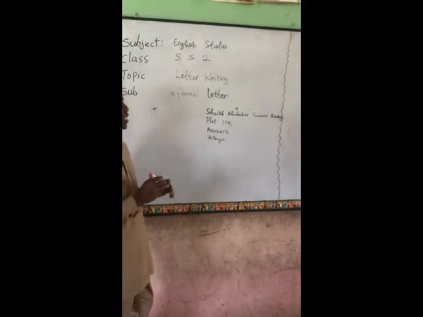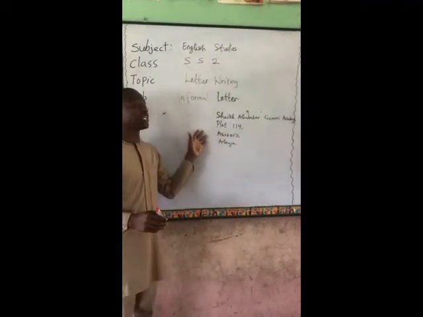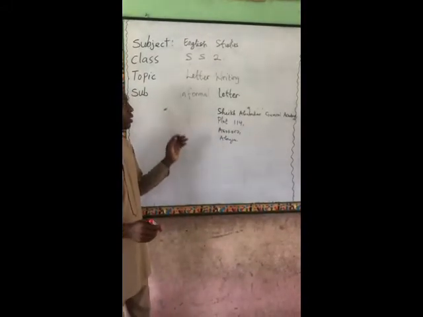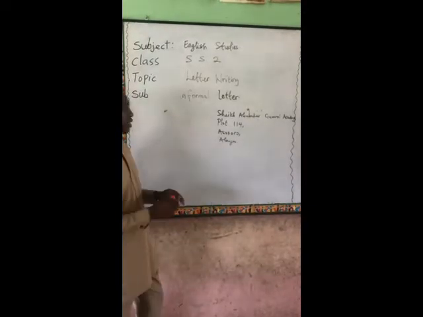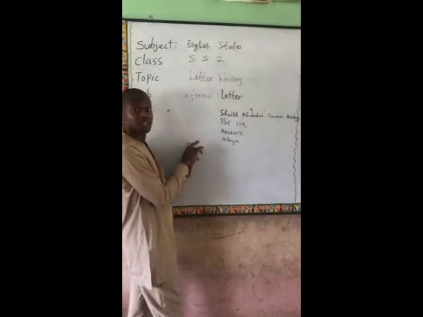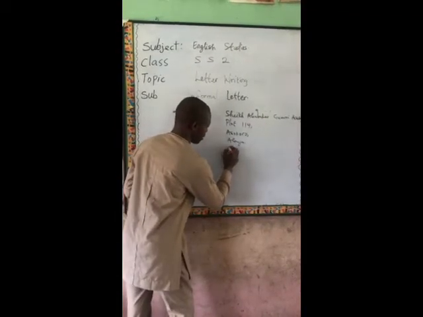Now this is just imagined, one I will just make up. Let's say this is my address: Sheikh Abubakar Gumi Academy, plot 114, Asokoro, Abuja. This is the end of my address, but something definitely needs to come immediately after the address, and that is the date. So I write my date.